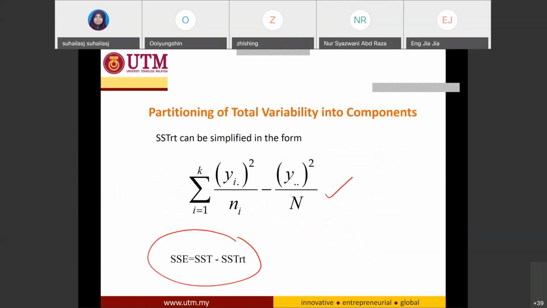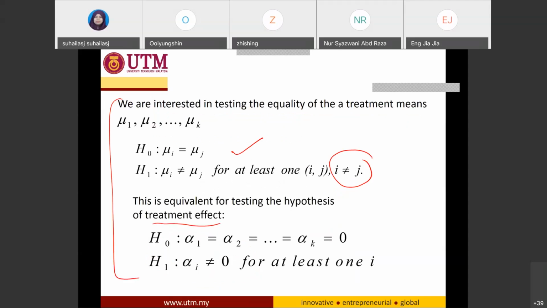And then we have the formula for sum of squares treatment: summation yi dot squared over ni, minus the grand total squared divided by capital N. And then the last value is your sum of squares error. Again, you want to test either the equality of the treatment means or the treatment effects. Either one, depends on the question.